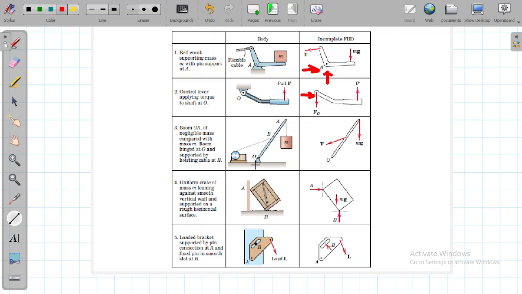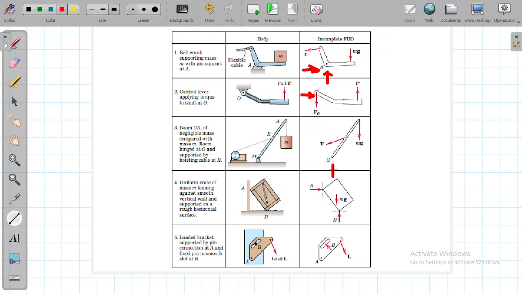This boom is hinged at O and supported by a hoisting cable at B. It is hinged at point O and there is a hoisting cable connected by a cable, and this hoisting cable has a tendency to rotate. It's like a winch. The weight is given as mg over here, and this cable will have a tension T. The boom is hinged at O. So hinged means there will again be how many reactions?